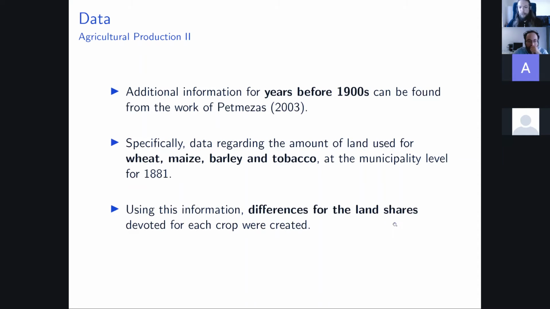And by using this information, we can create differences for land shares. And in this way, we essentially have the share of land used for a specific crop in 1881 and 1907, and the difference between them. The thing is that this is on the municipality level. So we have the difference on the municipality level.